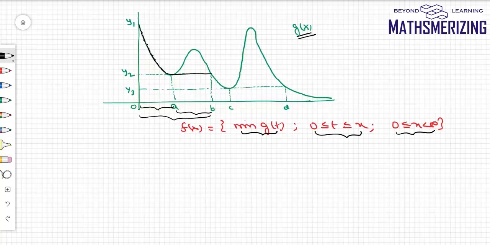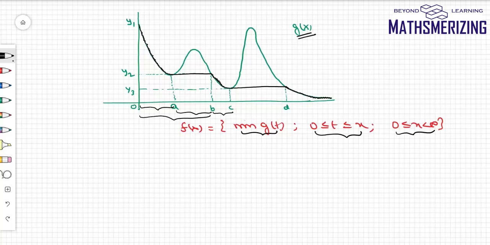So then it will be a constant function. Between b and c, the function again decreases. So again, f(x) is same as g(x). And then between c and d, again the minimum value will be at c. So it will be a constant function. And after d, again the function will be a decreasing function. So then again, f(x) is same as g(x). So that is the graph of f(x).